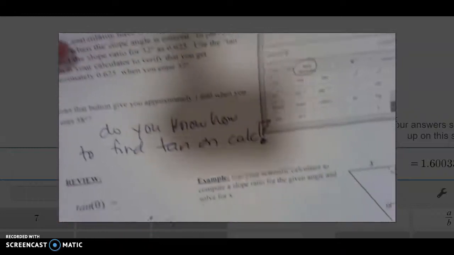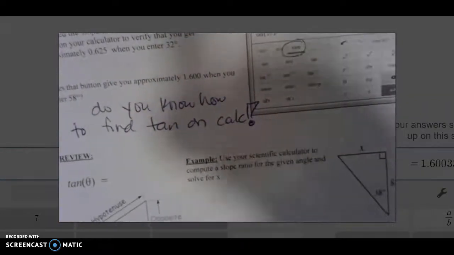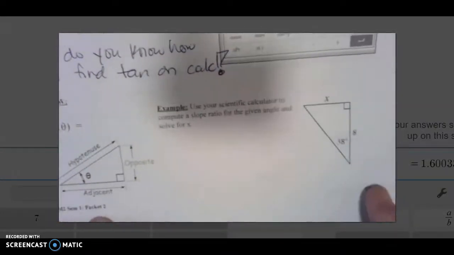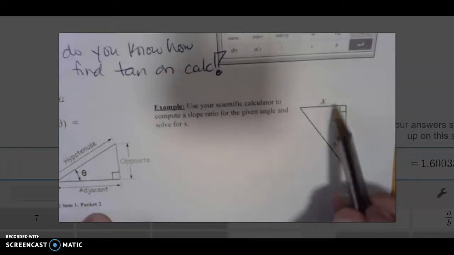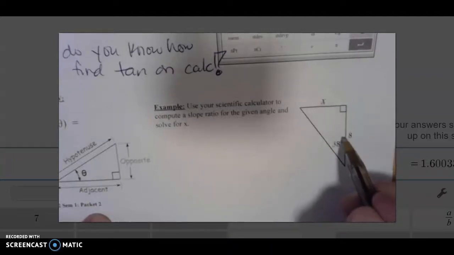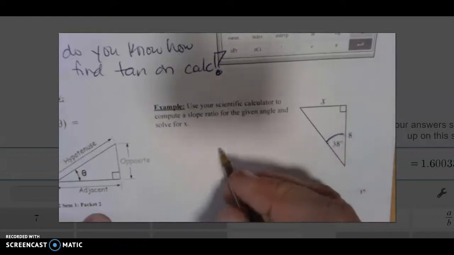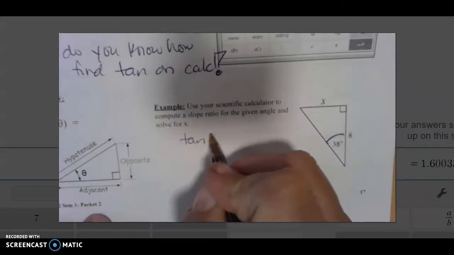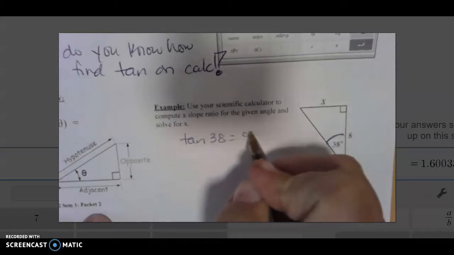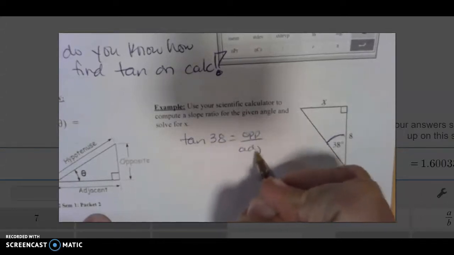We want to use our scientific calculator to find the slope ratio for the given angle and solve for x. So we can actually find out the length of x given this information. This is 38. So remember, tangent of 38 degrees is opposite over adjacent.